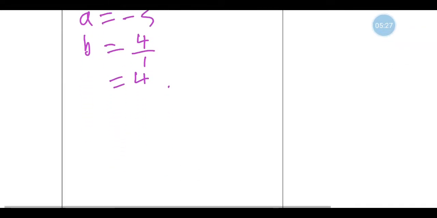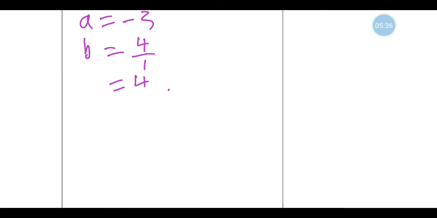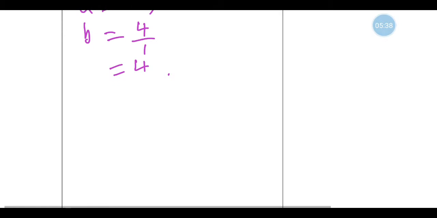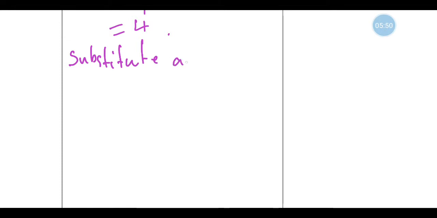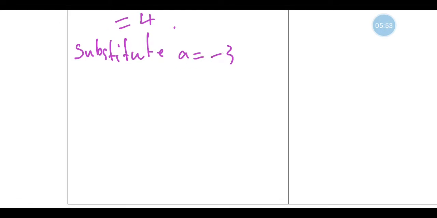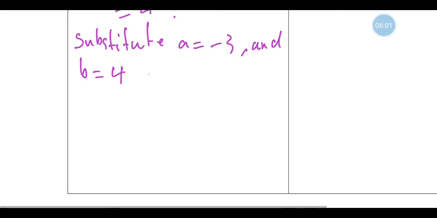Dead easy. Now all we need to do is substitute our a and our b values into the general slope-intercept equation, y equals a plus bx, and we'll have our equation for this graph. So substitute a equals -3 and b equals 4 into y equals a plus bx.